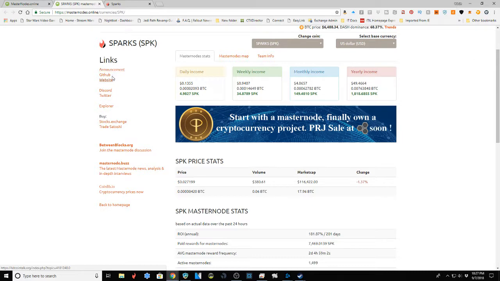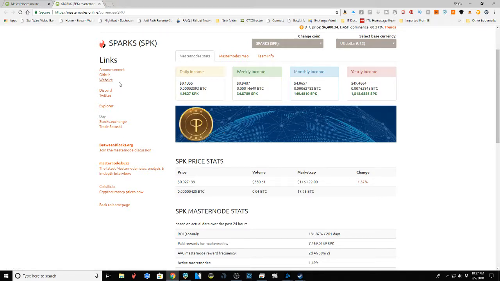Now, if you become interested in a coin, and this is something you should always do, you should always go to the website, especially the website listed on here. If that website does not open a page, chances are good you may want to consider doing more research before purchasing a coin.